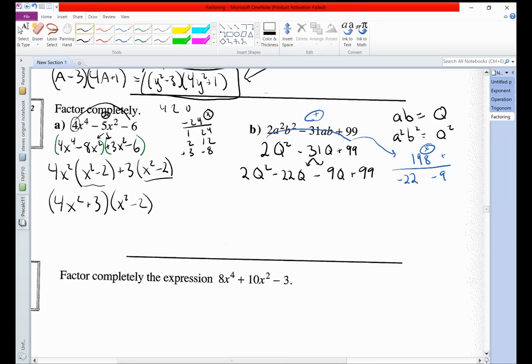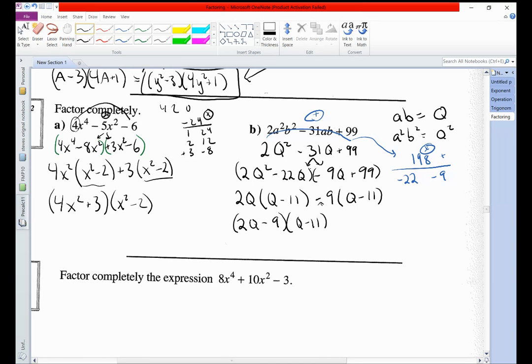Now I can group and I can factor. So in the first one, I can factor out a 2q, and I'm left with q minus 11. And in the second one, I can factor out a negative 9, and I'm left with positive q minus 11. The signs change when you factor a negative number out, and our answer is going to be 2q minus 9 and q minus 11.